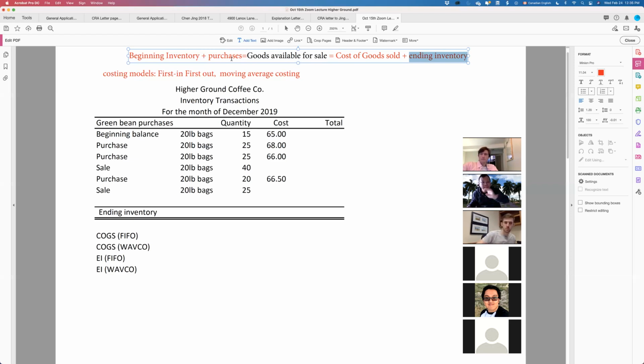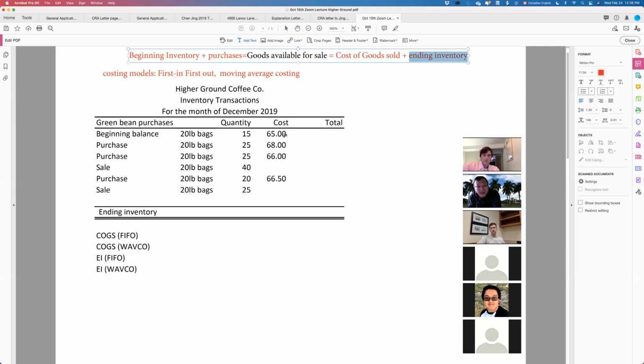Okay, so this is the question. The company is called Higher Ground Coffee Corporation. That's the inventory transaction for the month, only 1 month, ended December 2019. Let's take a look at the transactions. Beginning, they have 20-pound bags, 15 bags, and I guess all the bags are 20 pounds.